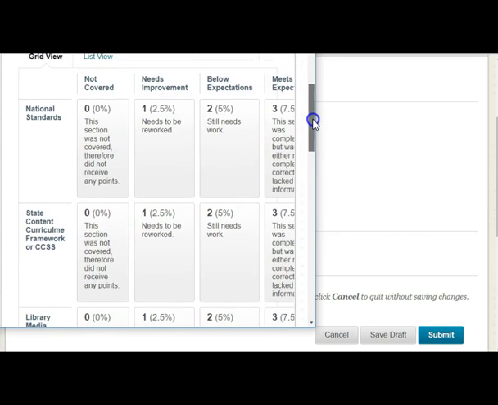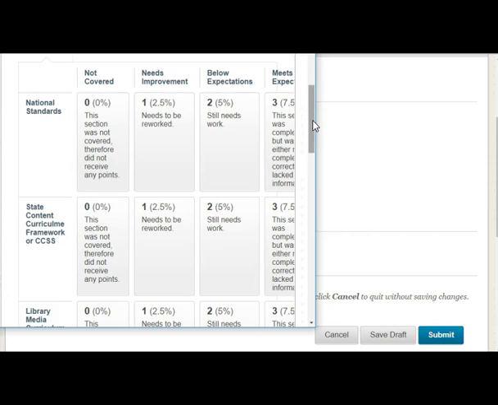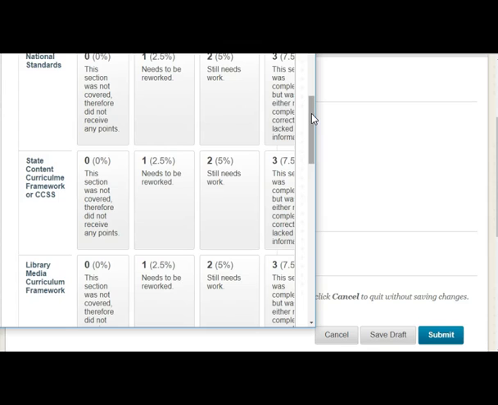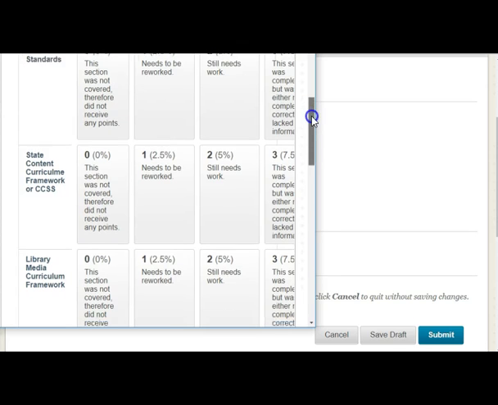So you need national standards, and like I said in the sample one I just shared with you guys, I forgot the NSTA standards. So I would get a 0 on that one for those points just because I forgot them. State standards, or if we were still using Common Core, but for us now everything is just a state standard, so I was using those 8th grade science standards.